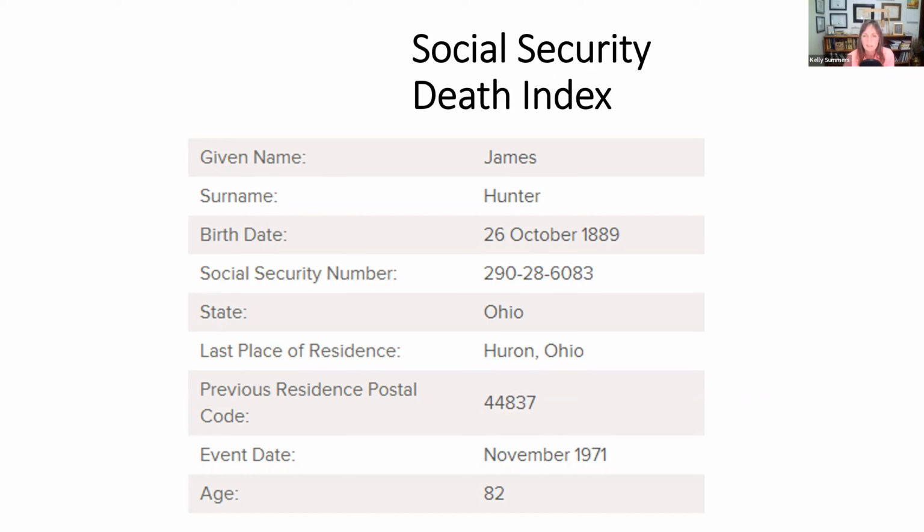And then the person also had to have a death certificate submitted to get into this death index. So knowing how it was created, that a birth certificate and death certificate were examined, we can consider that the information in this is probably very accurate.